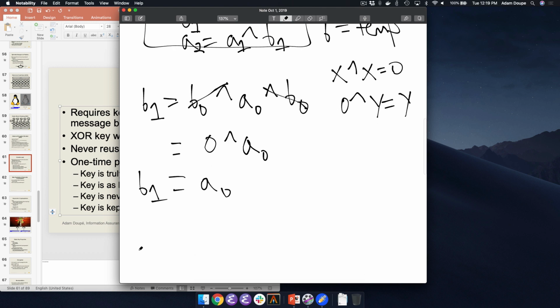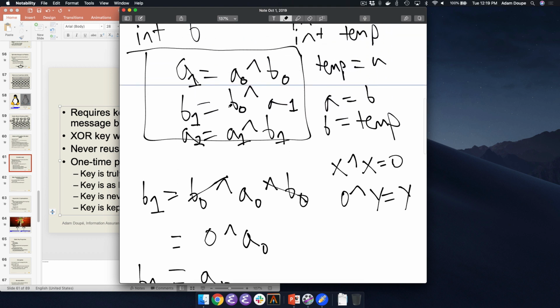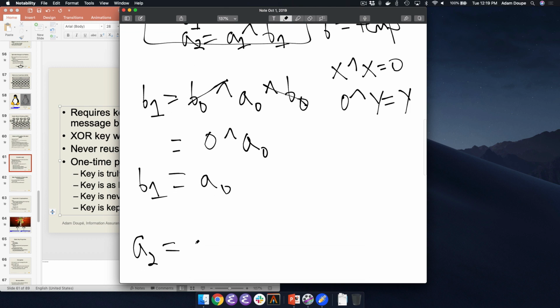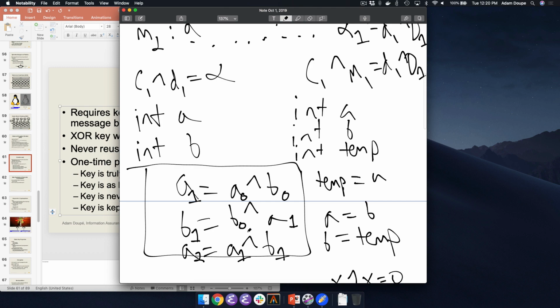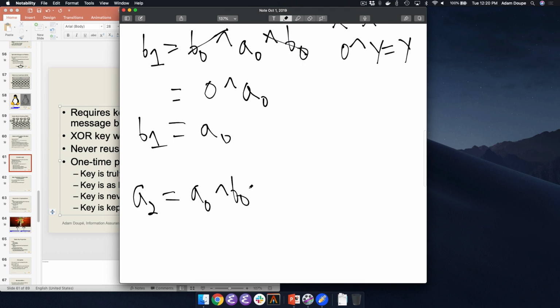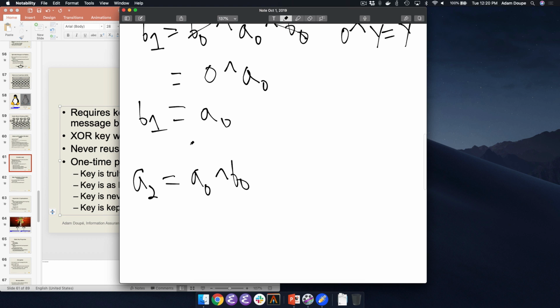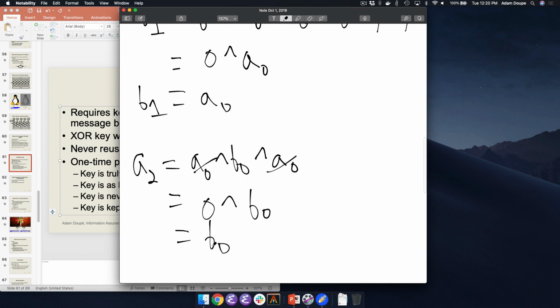And the next line, we'd say A2 is equal to A1, where A1 is A0 XOR B0, and then XOR B1, which we know from what we just proved is equal to A0. By the same logic, the A0s cancel out to 0, and 0 XOR B0 is just equal to B0.